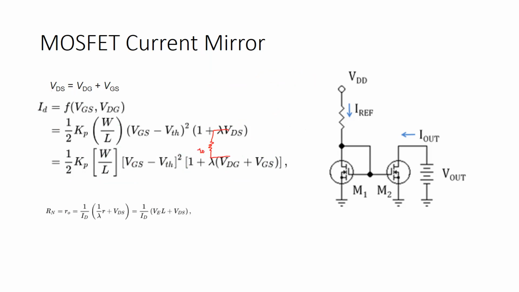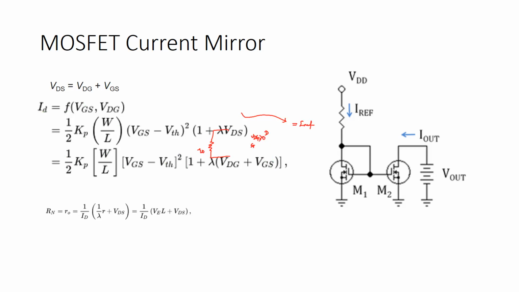Your drain to gate voltage should be greater than or equal to 0. So here is your drain, here is your gate. And when you copy this current into the output part, I out is equal to I reference. We are seeing the difference between drain and the gate, this VDG should be greater than or equal to 0 volt.